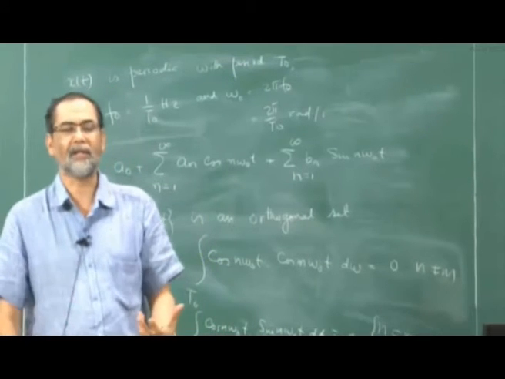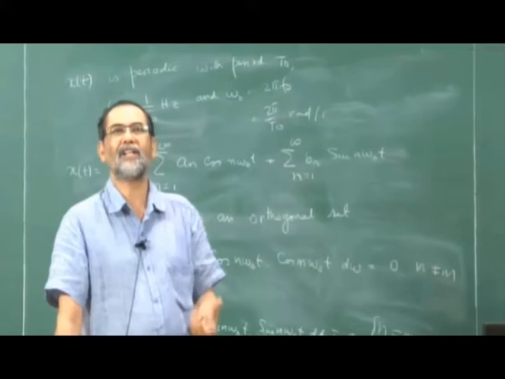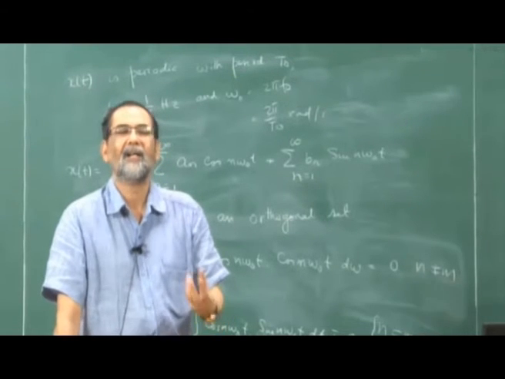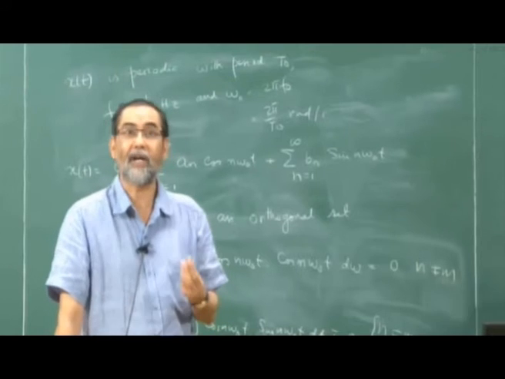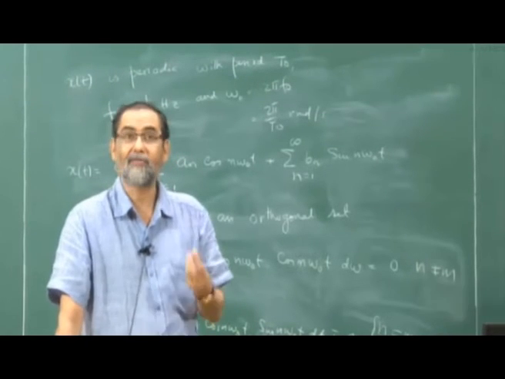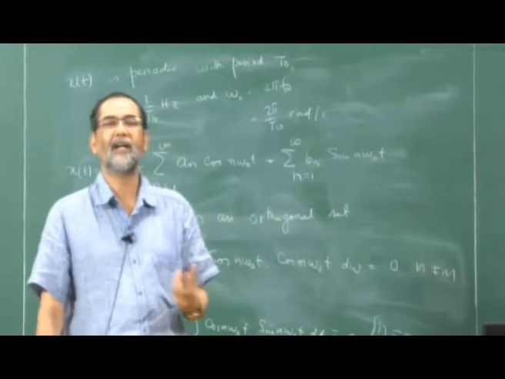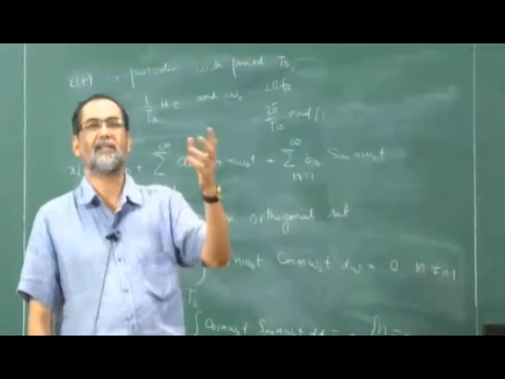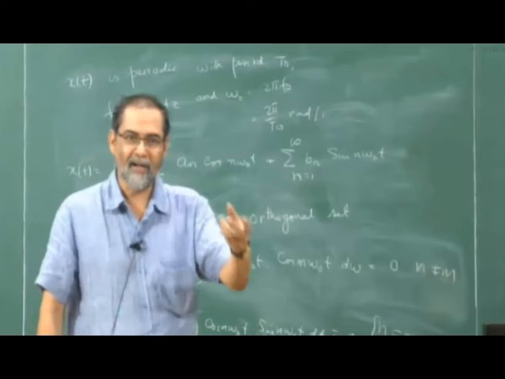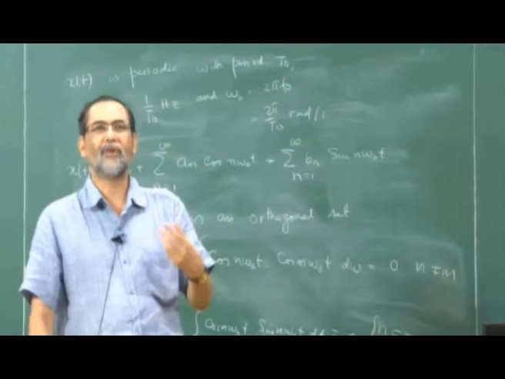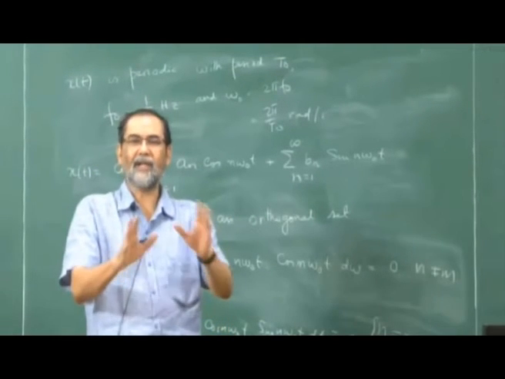When I ask the question, for what kind of signals does Fourier transform exist? Previously, I had asked for what kind of periodic signals Fourier series exists, and in response I had said the Dirichlet conditions: the signal should be an energy signal, it should have a finite number of maxima or minima, and a finite number of discontinuities in any one period.